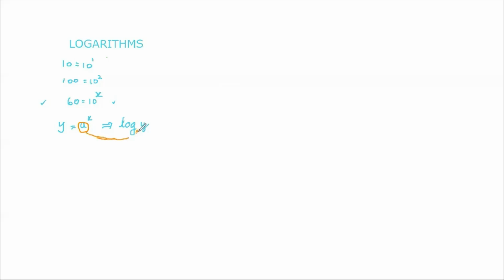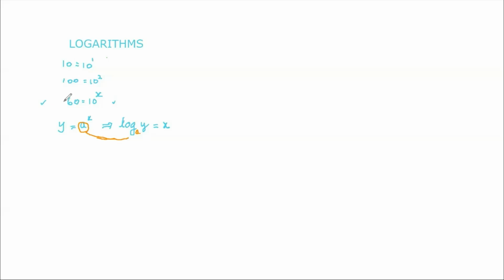So I write a here, equal to x, the index, moved down to take the place of a. So x is going to be in this position. This is the idea of converting exponent to logarithmic form.